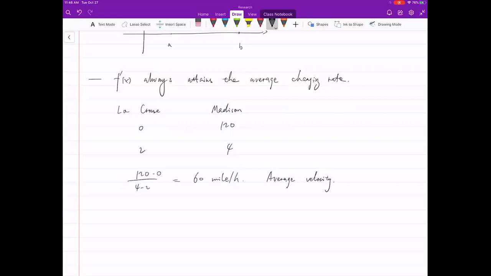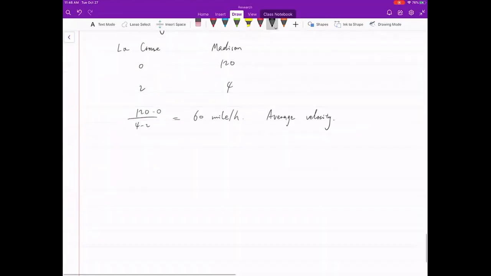Sounds good? I have no idea how you drove. Maybe you just drove really fast. You beat the speed limit all the time. Or maybe you just drove really slow. But nonetheless, eventually, within 2 hours, you arrived at Madison. That's the only thing I know. Still okay? Then, according to the mean value theorem, you were driving exactly at 60 miles per hour.